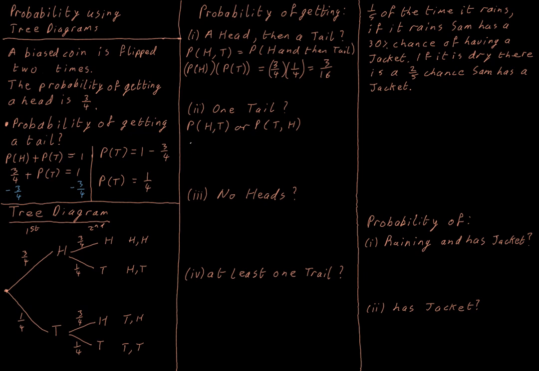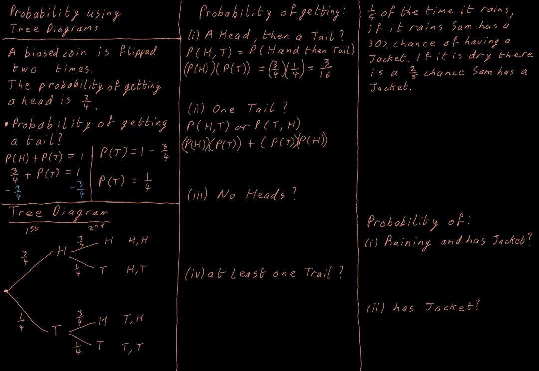So that's going to be probability of getting a head times the probability of getting a tail plus the probability of getting a tail multiplied by the probability of getting a head.